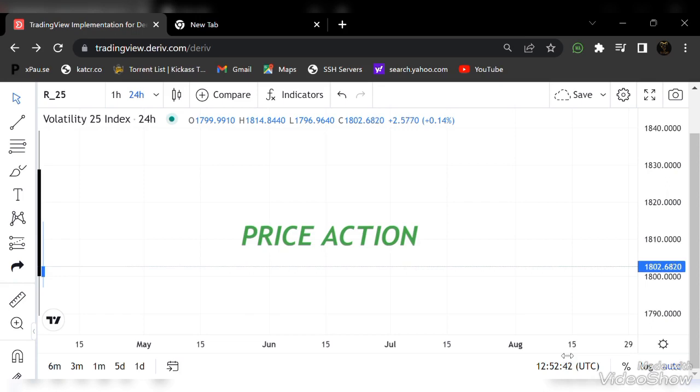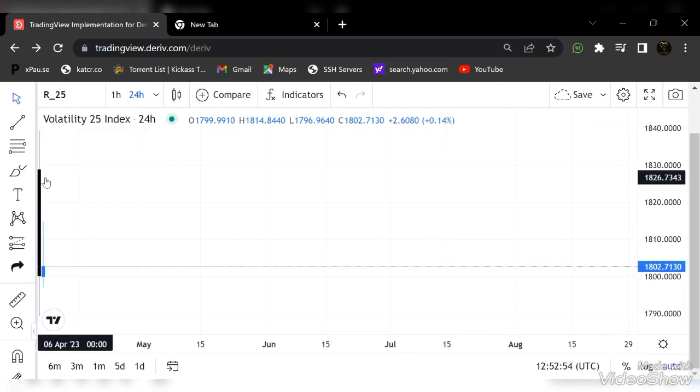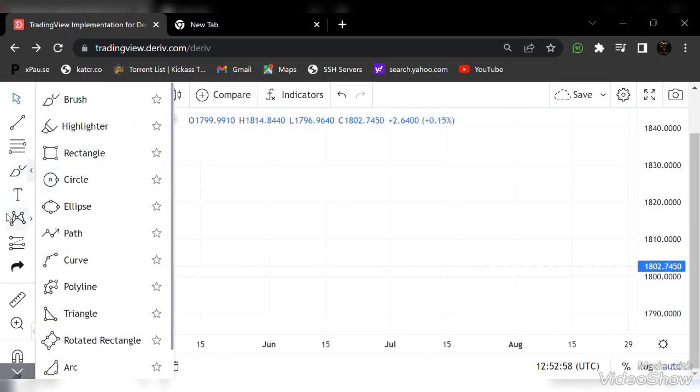So for us to start with price action, we need to understand what is called market structure.